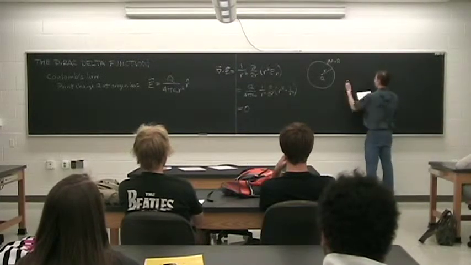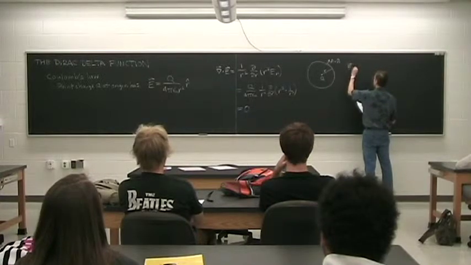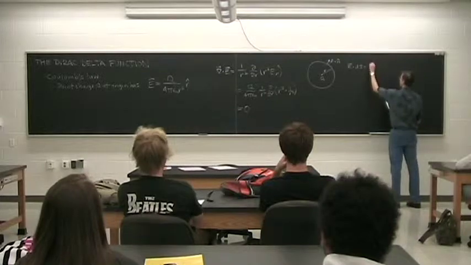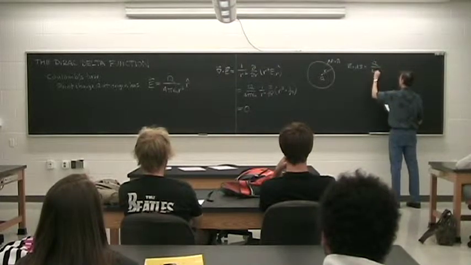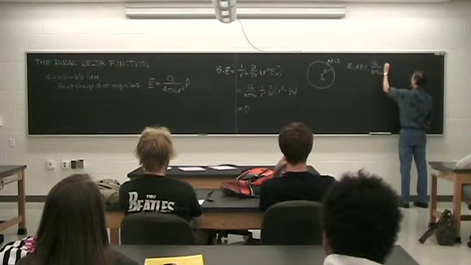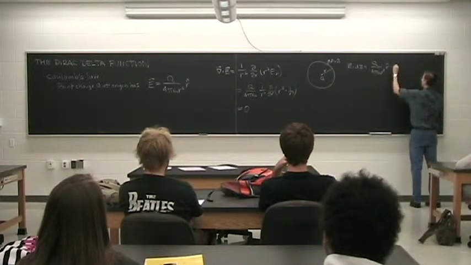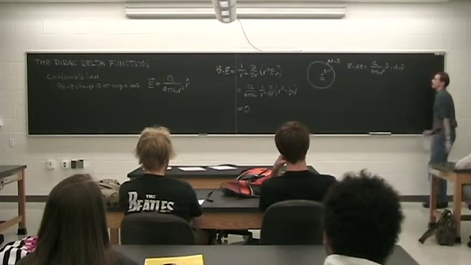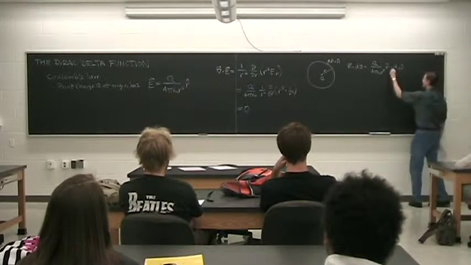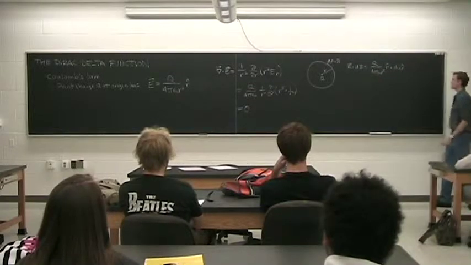So if we find E dot dA for any little piece of the sphere, we'll find that it's Q over 4 pi epsilon naught r squared r hat dot dA times r hat, because the normal vector n hat is r hat, and so n hat dA is r hat times dA.